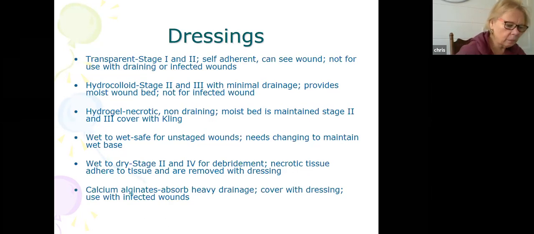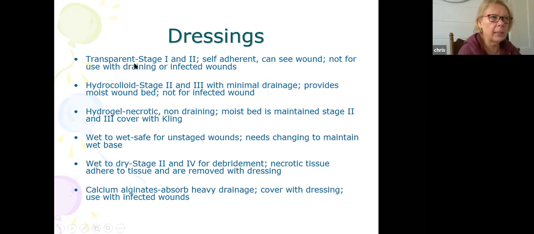Now, you don't really have to know this so much, because these things change and they're named differently in different facilities, and different facilities use different types of dressings. But there's something known as a transparent dressing. Examples you may see in a clinic are Opsite, O-P-S-I-T-E, or Tegaderm.